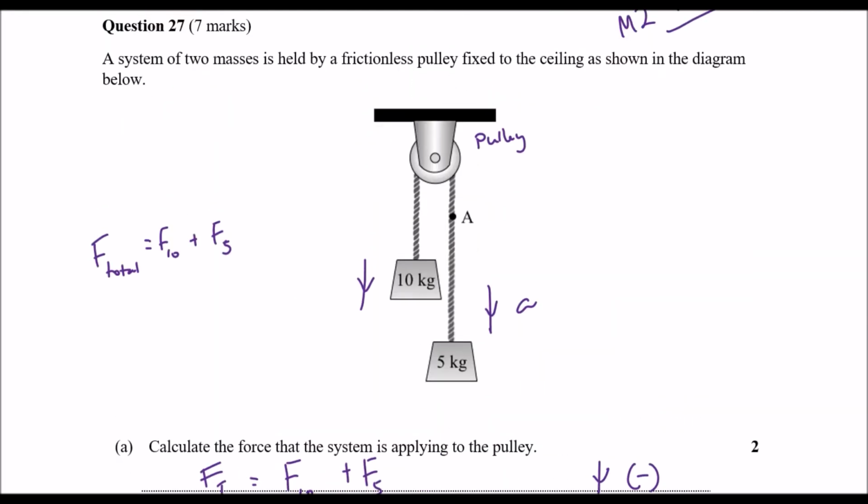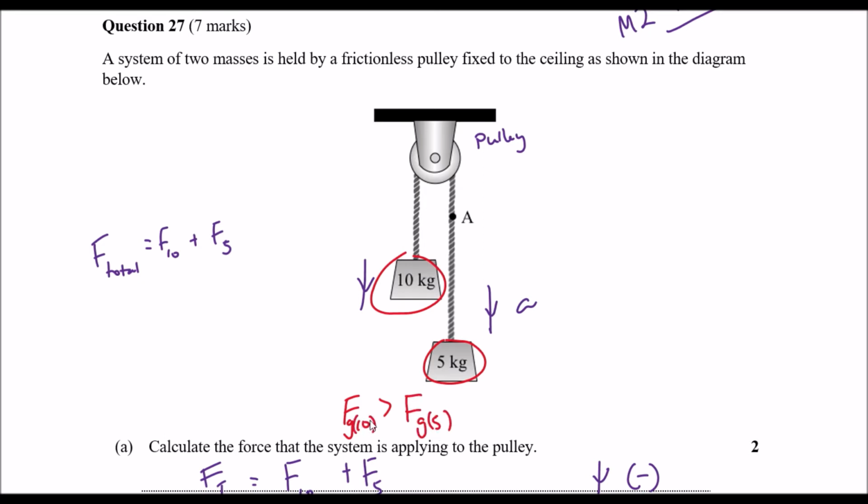Okay, so let's change color and also do another force diagram to work out where the net force or net acceleration is. Okay, so this is 10 kilograms, this is 5 kilograms. By the order of what we've talked about, the 10 kilograms will have a greater gravitational force than the 5 kilograms.